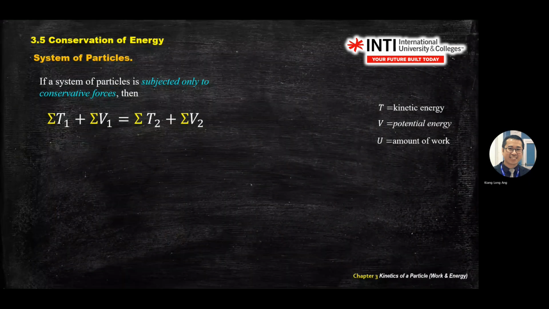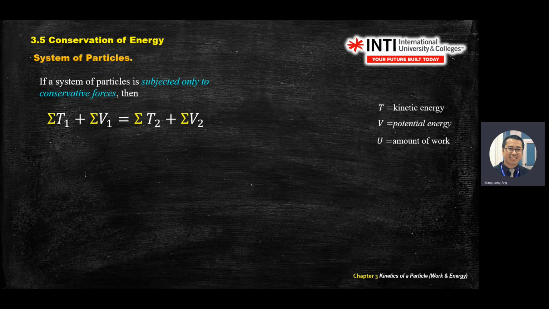Okay, so this is the general equation we use. If the question purposely asks you to use the conservation of energy, we just want you to add the sum symbol inside the equation. Sum of kinetic energy plus sum of potential energy before equals the sum after.